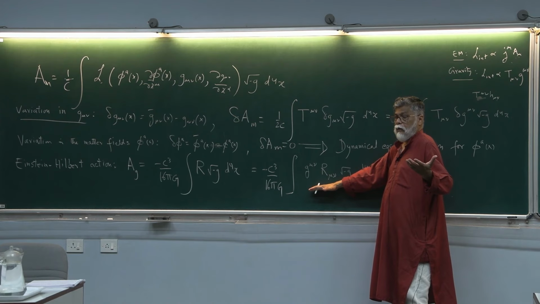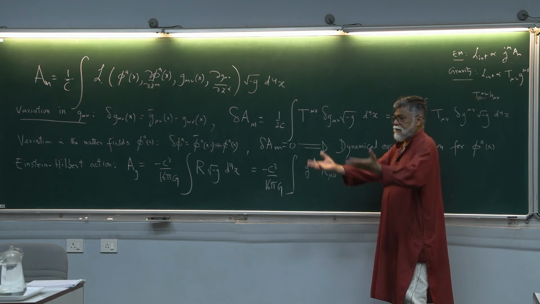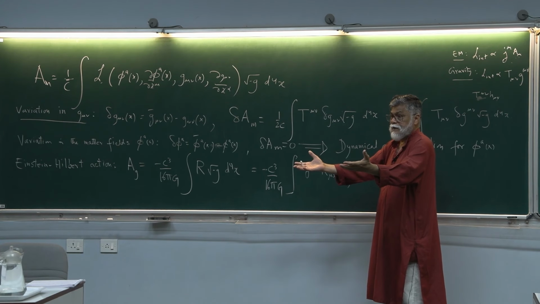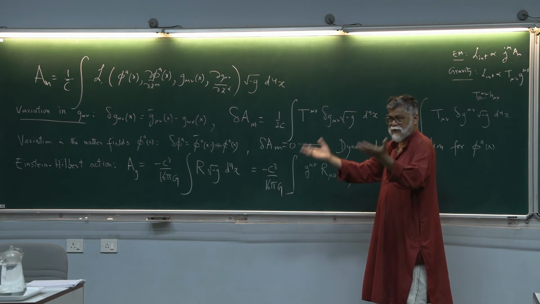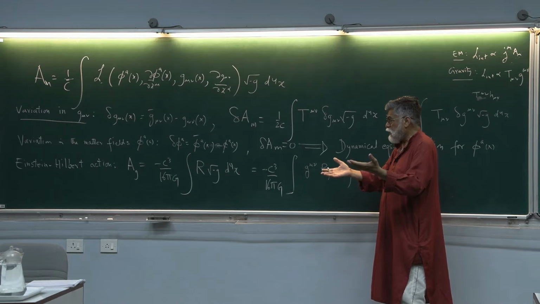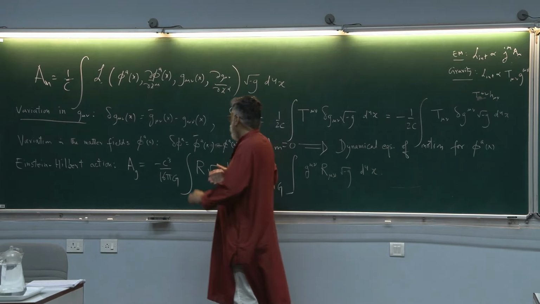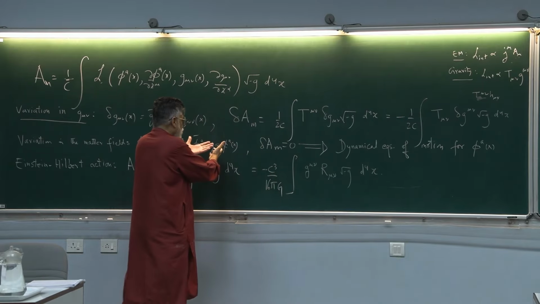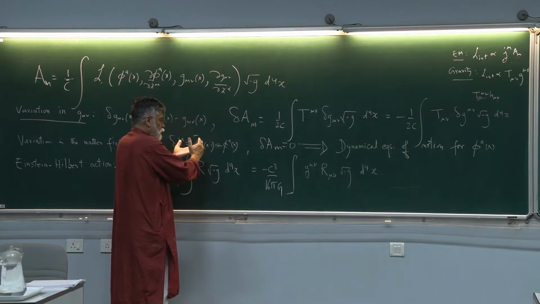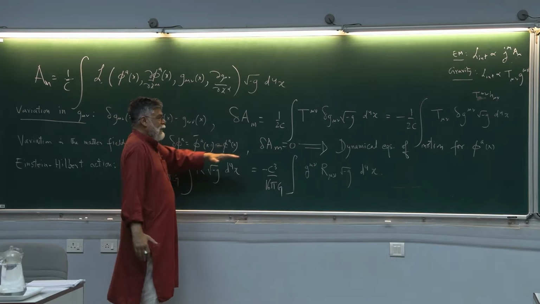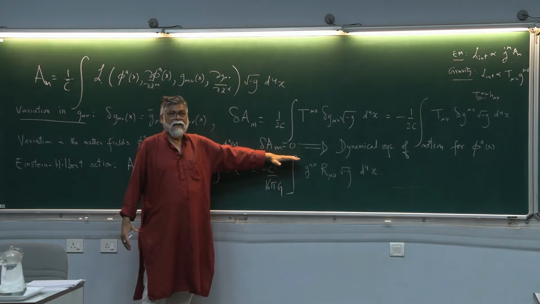And in physics, when we say something is dynamical, that means for it you have to write down an action. And to get the equation of motion, just like for the matter field, you vary the matter fields and demand that the action for the matter field be an extremum.